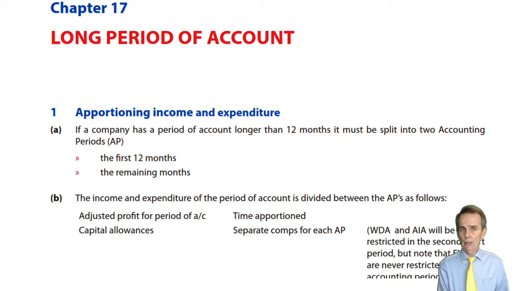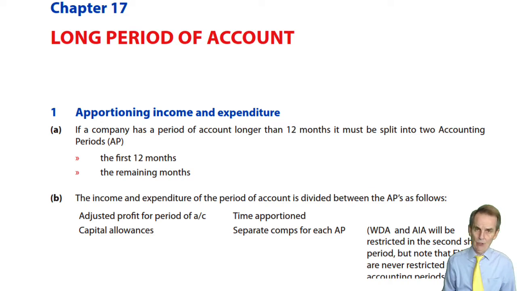The first of which, however long the period of account may be, is 12 months. And then the second is the balance of the remaining months. So a 15-month period becomes a 12-month accounting period and a 3-month accounting period. The 18-month period of account becomes a 12-month accounting period and then a 6-month accounting period.